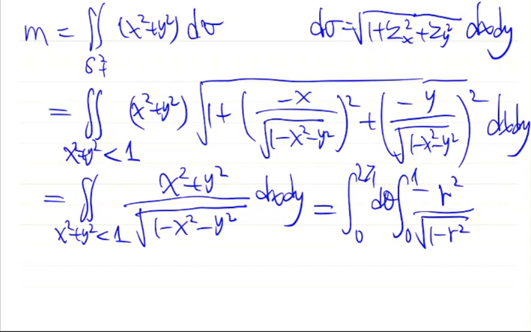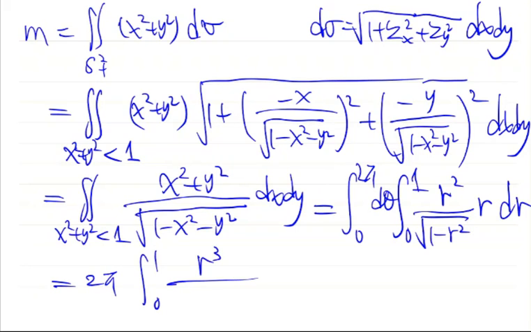Then we have a Jacobian, which is r, then dr. So this is 2 pi times the integral from 0 to 1 of r cubed over the square root of 1 minus r squared dr. Evaluating this definite integral, the final result is 4 pi over 3. Okay.